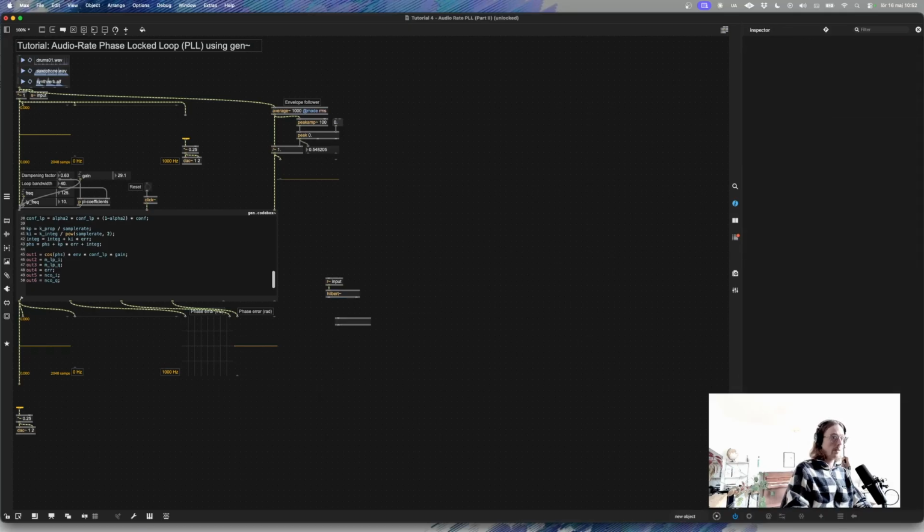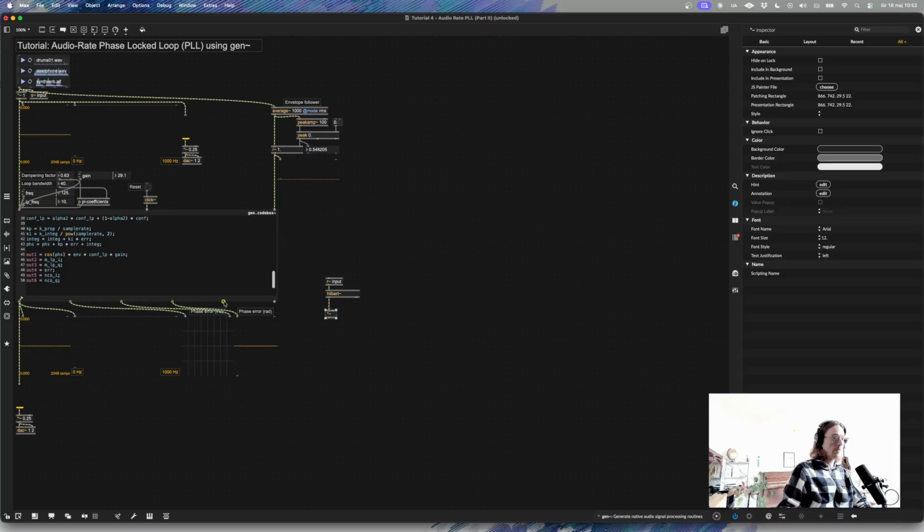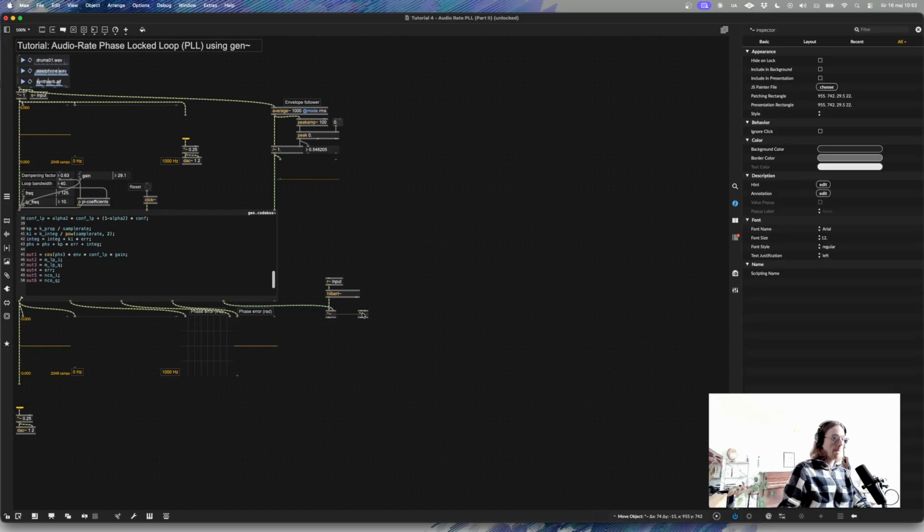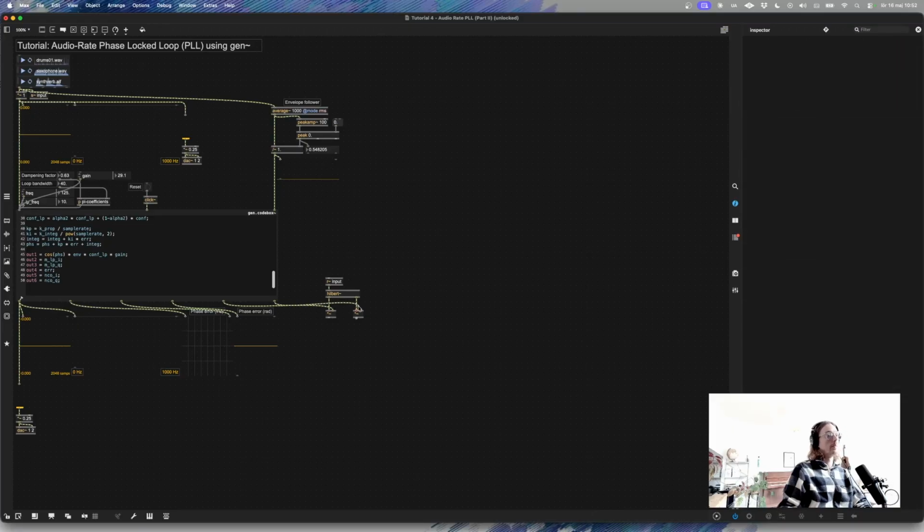And then for pitch shifting we multiply the in-phase with our in-phase oscillator and the quadrature component with the sine or quadrature component of the input.